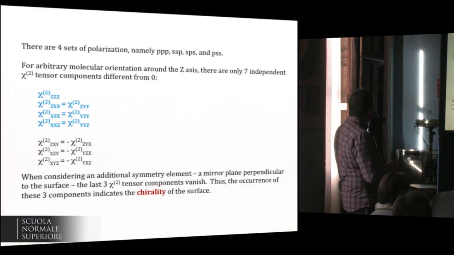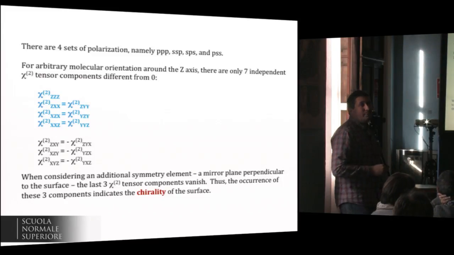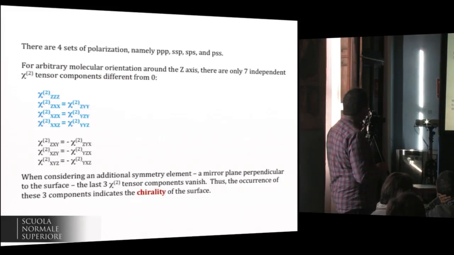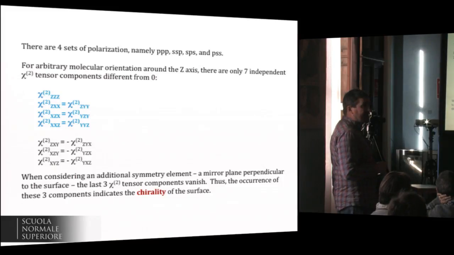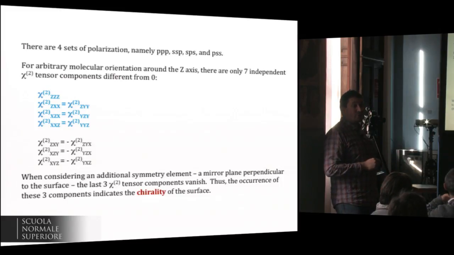And by looking at the physics, we can realize rapidly that not all the 27 components of Chi2 should be calculated. If your surface is achiral, there are only 4 independent tensor components to calculate.